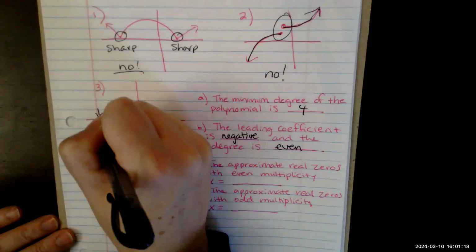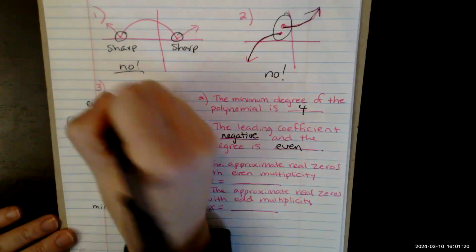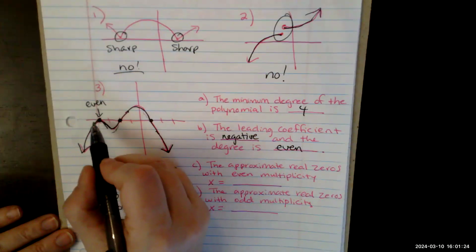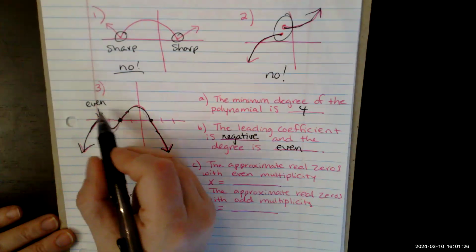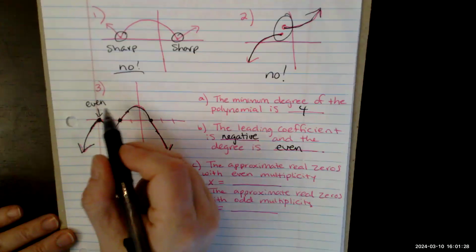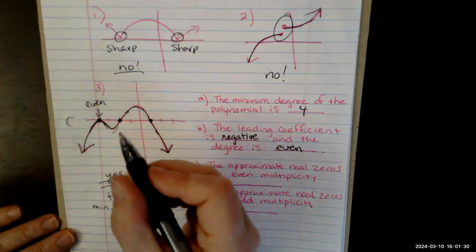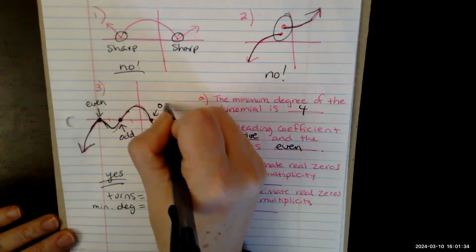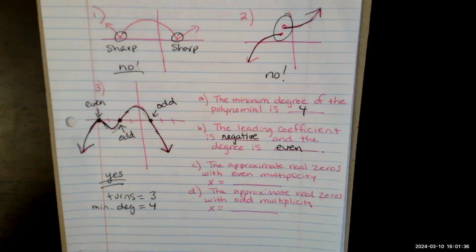If it bounces like that, there's an even number. This is -4. It means we have a 0 of -4 and another 0 of -4, or even more. There's an even amount of them, where if it goes straight through, there's an odd amount.